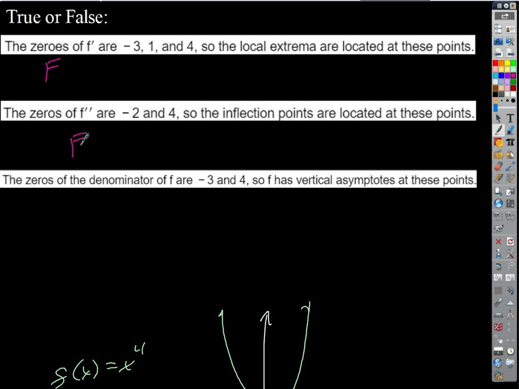The zeros of the denominator of f are -3 and 4, so the function has vertical asymptotes at those points. Think about that one. Can you come up with just one example where -3 and or 4 are zeros of the denominator, but they're not vertical asymptotes?